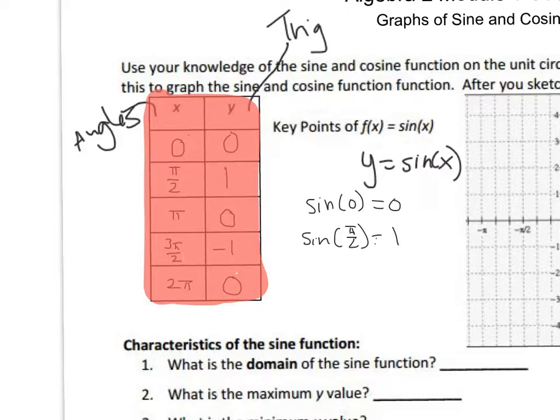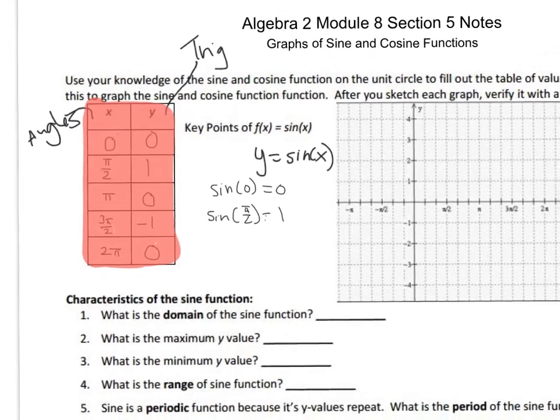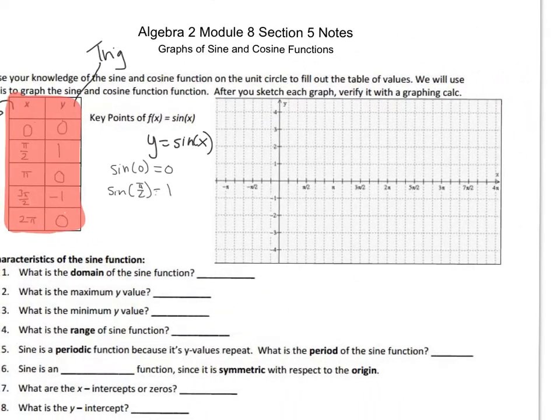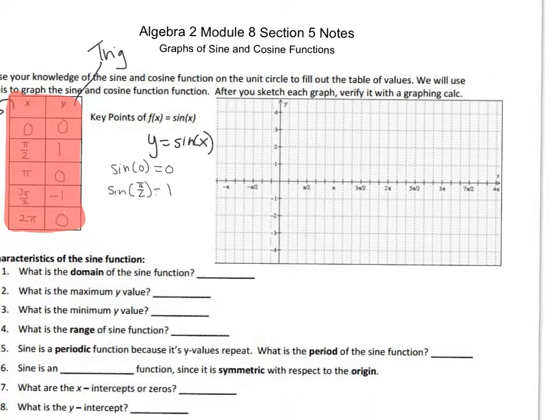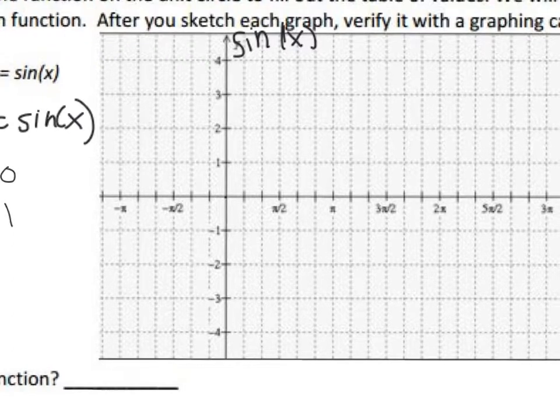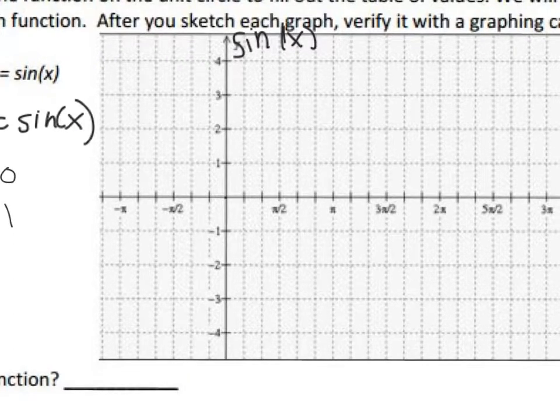So if I'm going to graph this, I'm going to come over to my xy plane here, and you'll notice these are going to be angles on the x-axis, and the y-axis is going to be sine of these angles, sine of x. My first point is 0, 0. You'll notice this axis is in terms of pi. So 0, 0, I have a point right here.